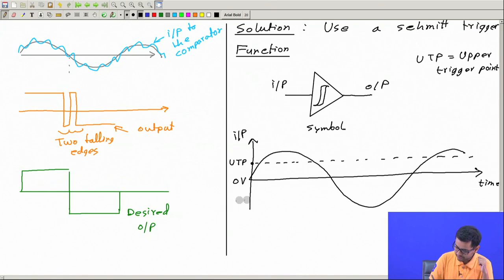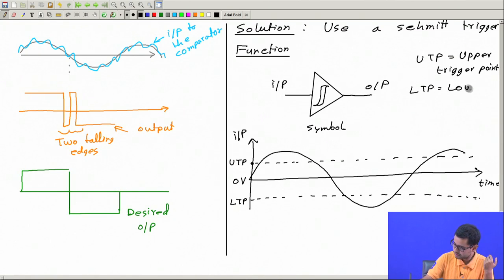Similarly, we will have LTP below this 0 volt. Normally, if UTP is 1 volt, then this is minus 1 volt. If this is 5 volt, then normally it is minus 5 volt. So this is the lower trigger point. And the input is varying like this, going beyond the upper trigger point and beyond the lower trigger point.